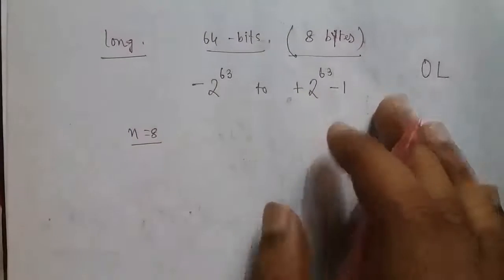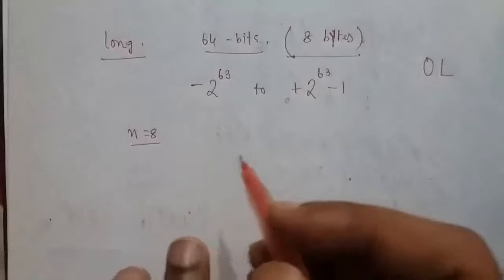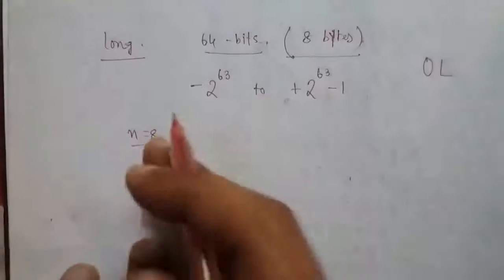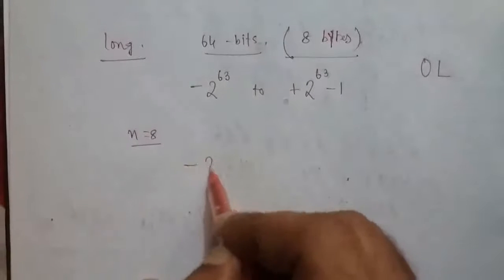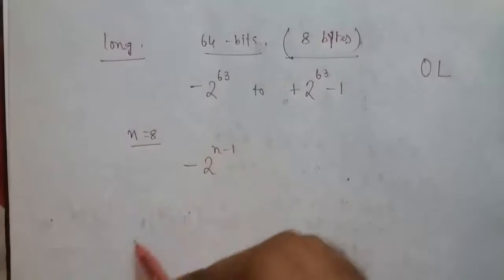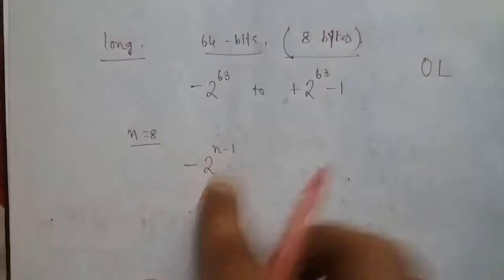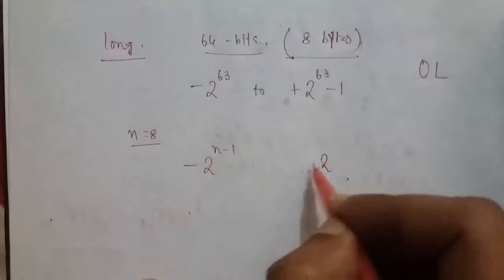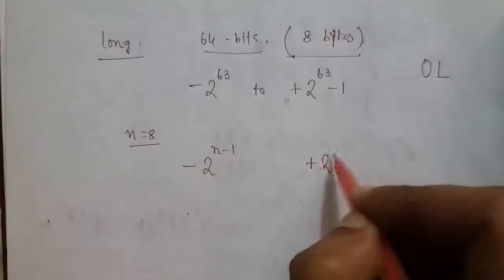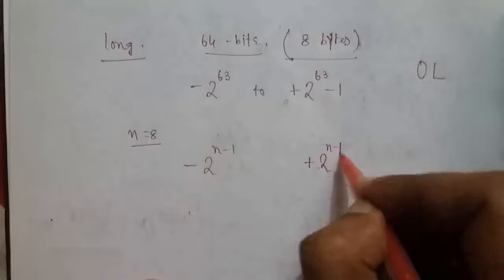The formula for the least value is minus 2 to the power n minus 1, and for the highest value plus 2 to the power n minus 1, minus 1.